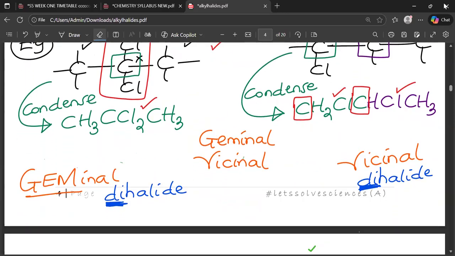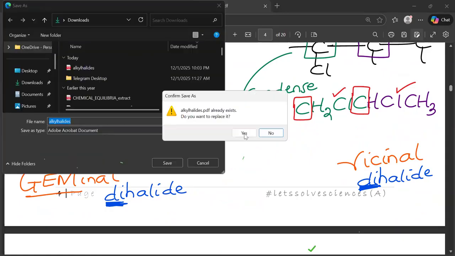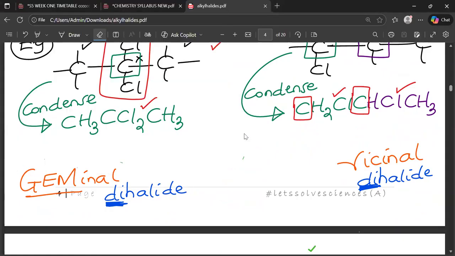And I'm going to wrap this off. Hope that is okay. Considering the gemino and vicino, that shouldn't disturb you. Those words can be used in so many scenarios and on so many occasions, so you should understand what they mean.